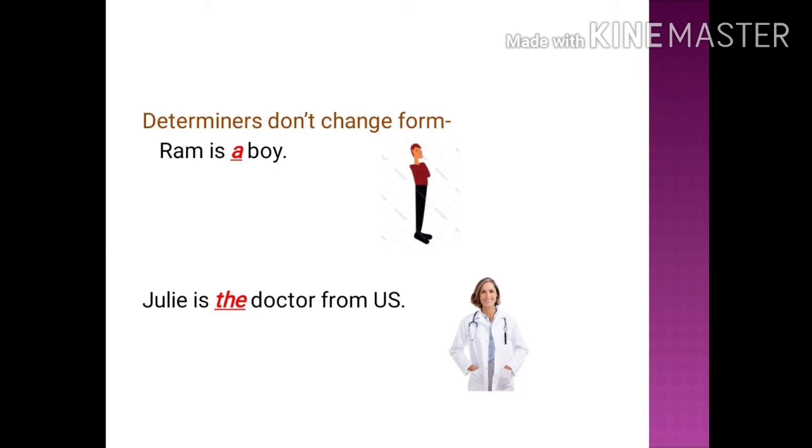I am using the determiners a and the. Children, do you know any other forms of a and the? No. That's why I say determiners don't change form. This is the major difference between determiners and adjectives. Adjectives change form and determiners don't change form, but both modify a noun.